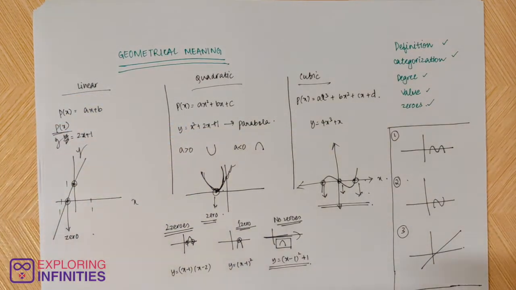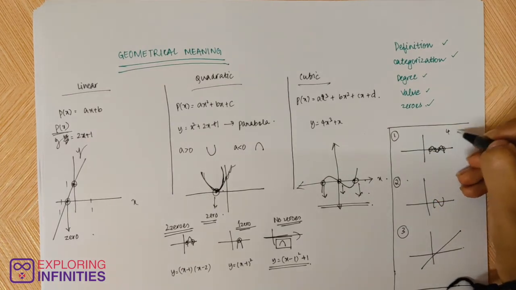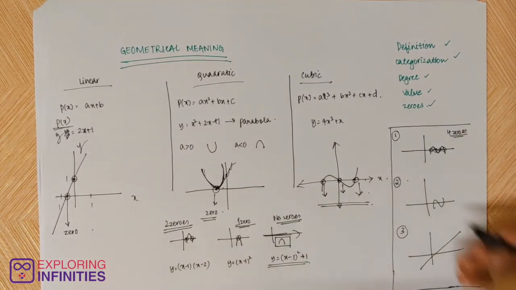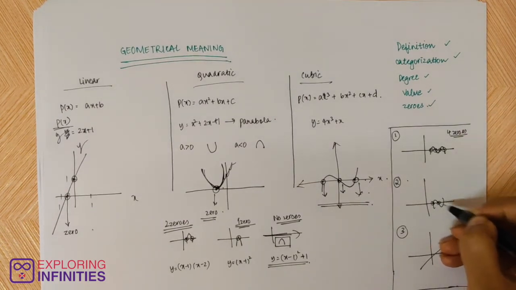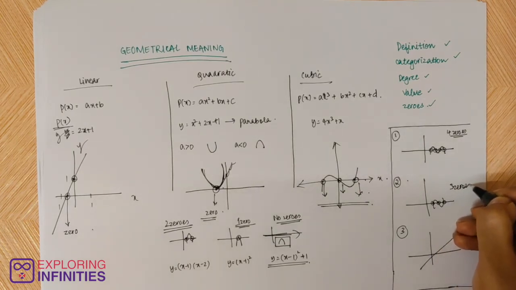So how many zeros does this have? Now we have to calculate how many times it intersects the x-axis. 1, 2, 3, 4. So the number of zeros will be 4. Correct? This intersects the x-axis how many times? 1, 2, 3. So the number of zeros will be 3.